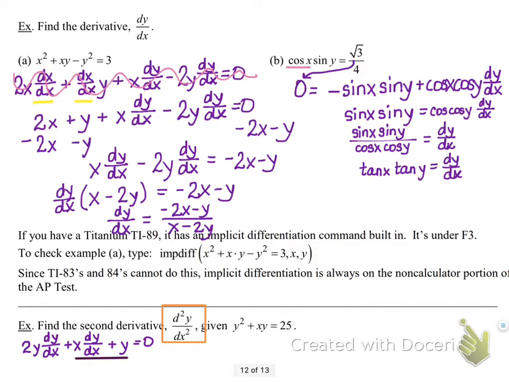We are going to solve for dy dx. And once we're done with that, that's when the magic begins. I took those first 2 terms and I factored out the dy dx. I moved the y to the other side. And now I'm going to solve for dy dx.